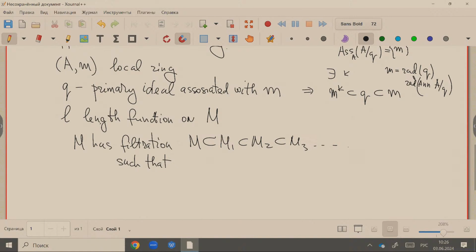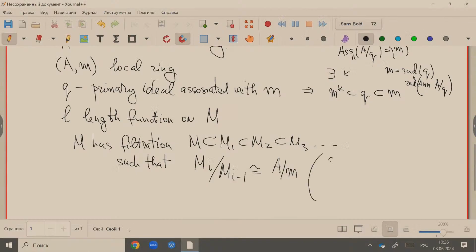So here you may say that Mi modulo Mi minus 1 is isomorphic to A modulo M. Alternatively, Mi modulo Mi minus 1 is a finite dimensional vector space.